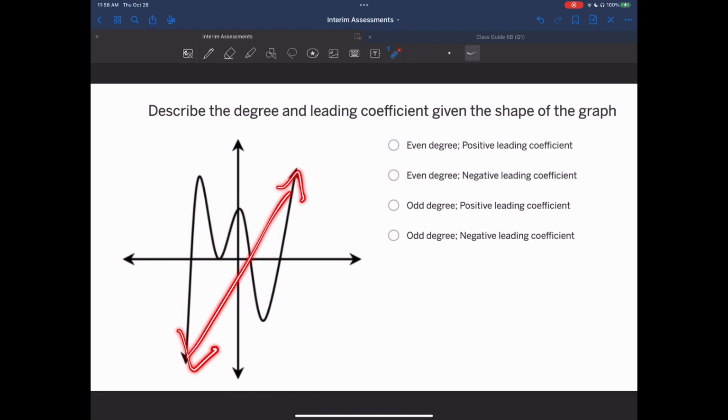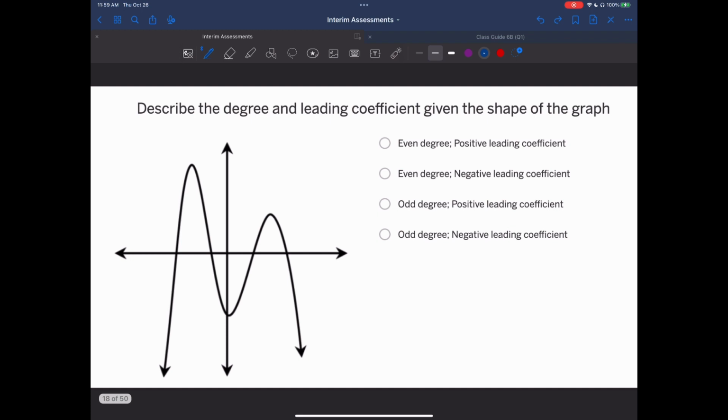So that means if it's increasing like that, it's going to have a positive leading coefficient. So odd degree, positive leading coefficient. It'd be something like an x to the fifth power, something with an odd degree, and then you'd have a positive in the front, or like a positive 2 or something like that, not a negative.